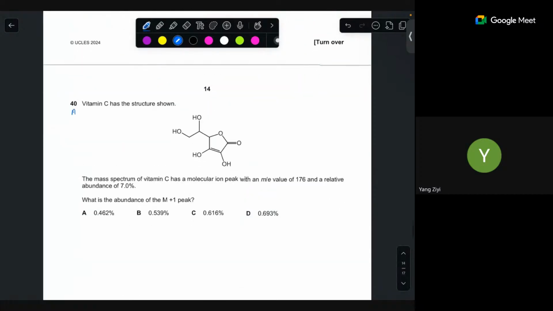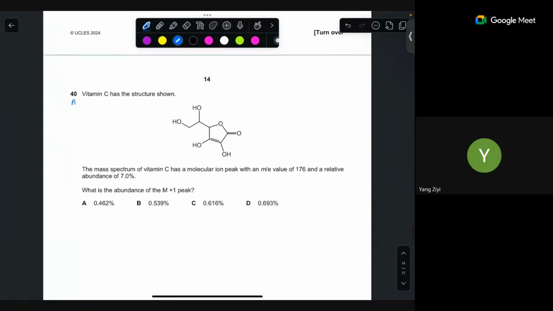So 40, the last one. The mass, very interesting question as well. The mass spectrum has a molecular ion peak at 176, relative abundance of 7%. So we want the abundance of the M plus 1 peak.